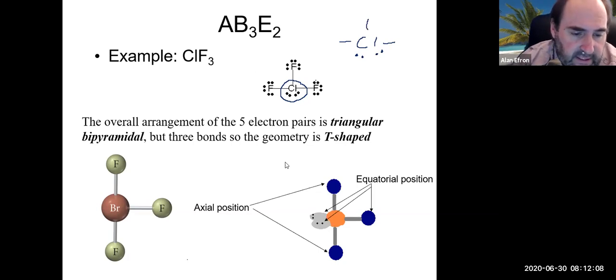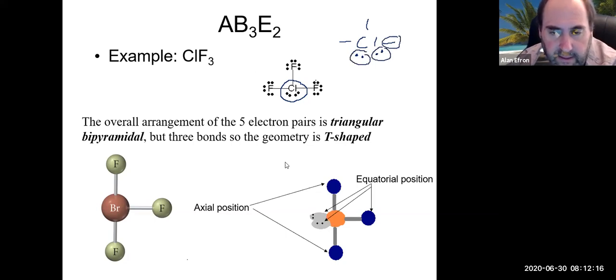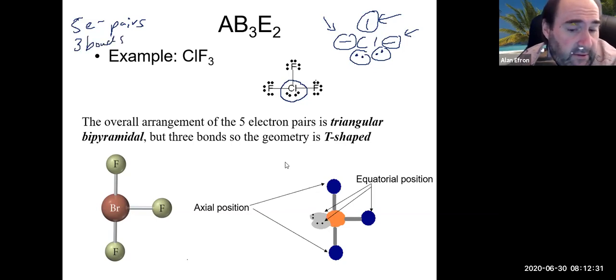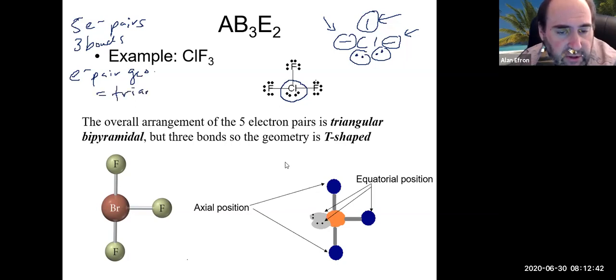If you super zoom in on our central atom, we have 1, 2, 3, 4, 5 electron pairs. In this case, though, we have 1, 2, and 3 bonds. In terms of the electron pair geometry, which is based solely on the number of electron pairs, we're going to have 5, which is our triangular bipyramidal.